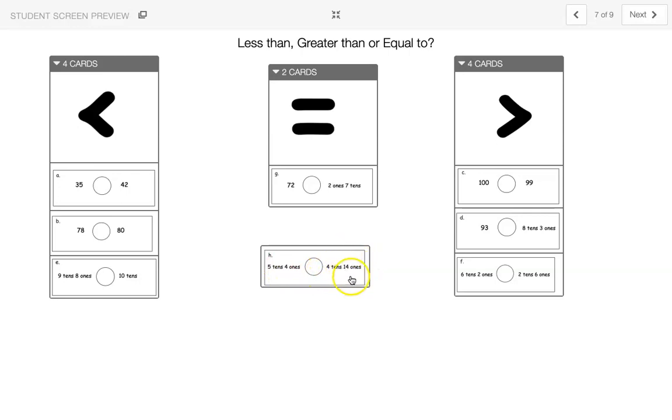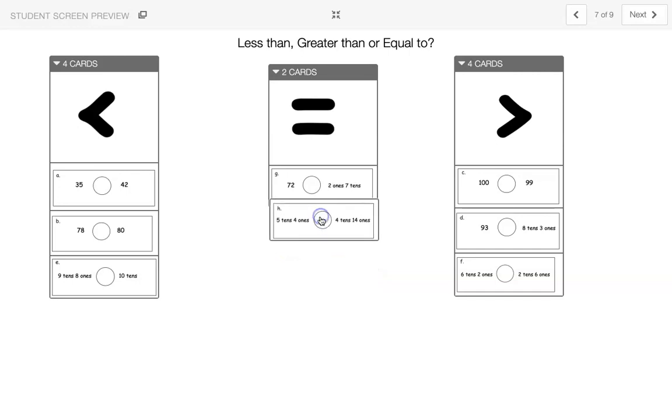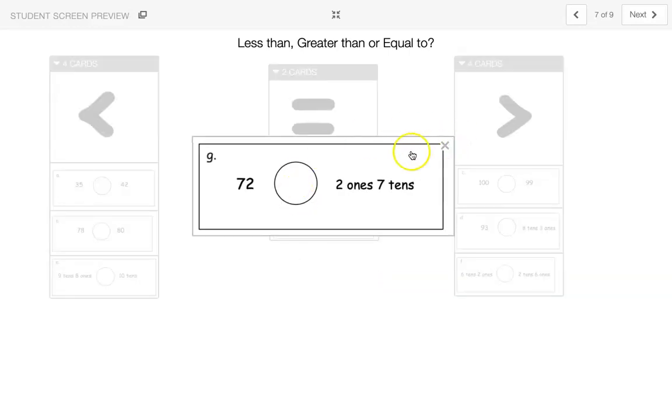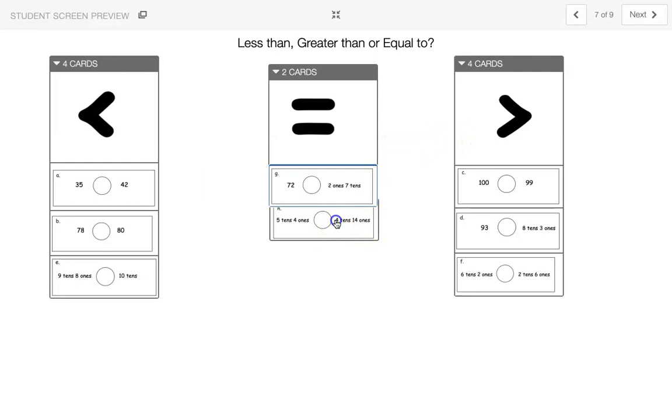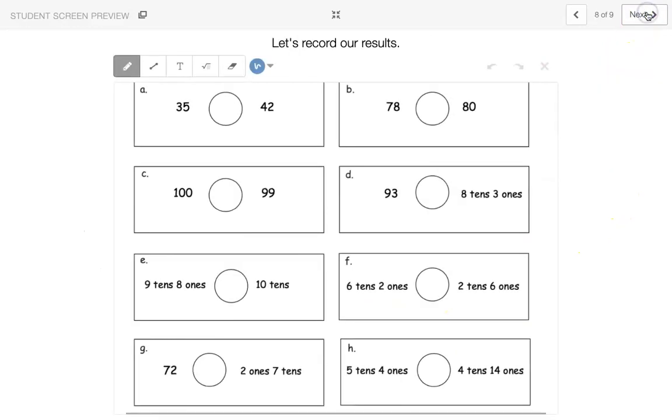But we have to look over here, right, at the 14 ones, which we may remember or may know is 1 ten and 4 ones. So this actually becomes 5 tens and 4 ones. So that is equal. They do not have to look the same. They have to have the same value. Okay, so we're going to put those there. All right, there's our matches. Great job. Let's go on.